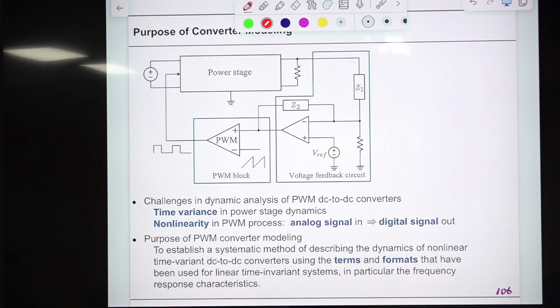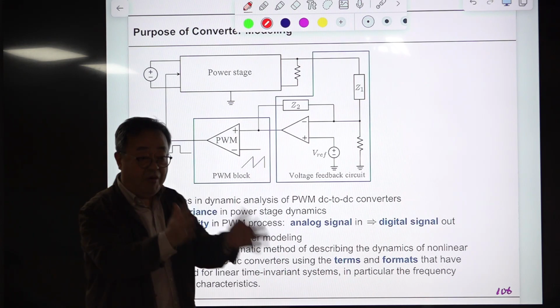So you want to use the existing knowledge you already know, assuming you already know all the knowledge of transfer functions, Laplace transformation, Bode plot, root locus, Nyquist, and so on. And you want to use that knowledge directly on the PWM converter.